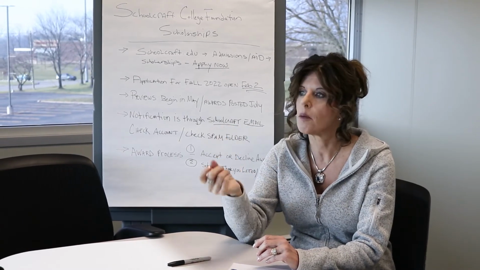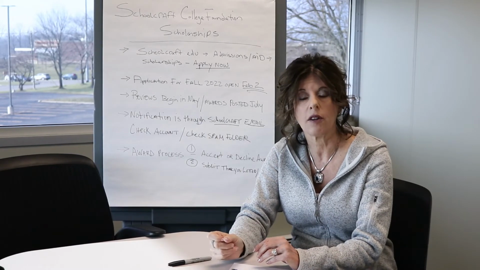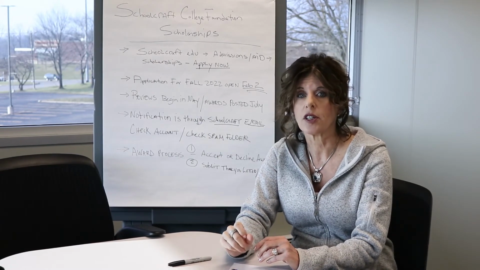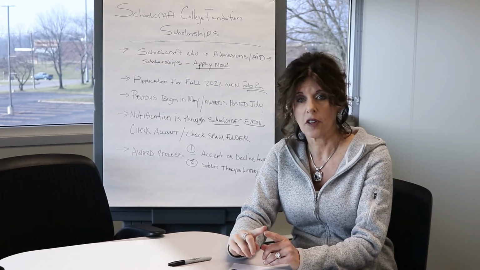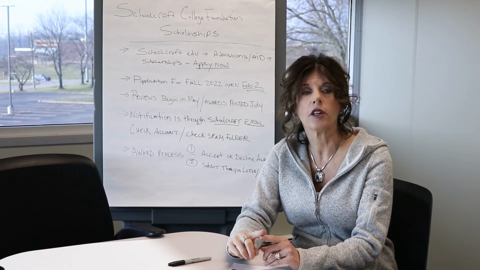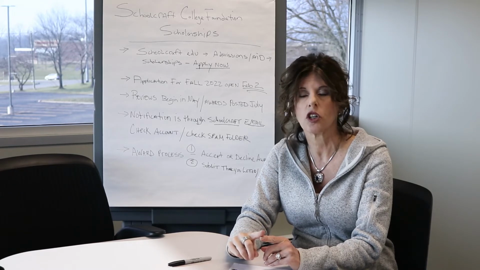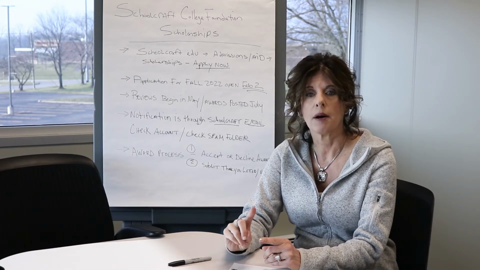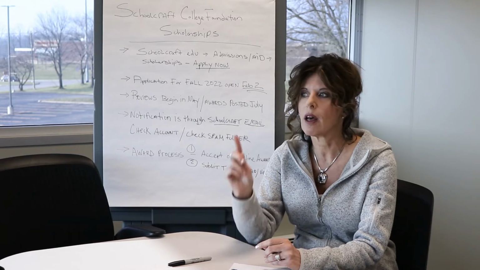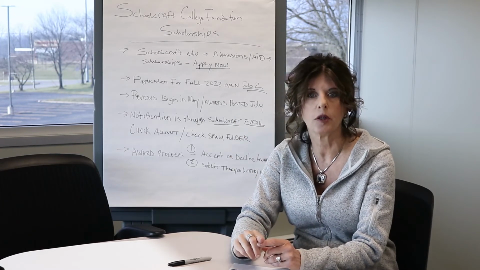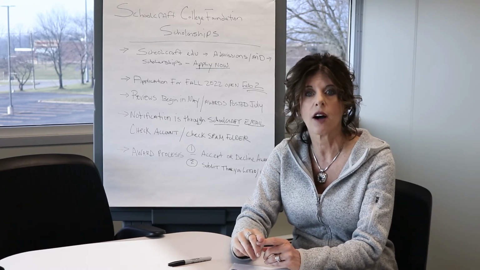That tells you the number of notifications that are waiting for you. Those notifications can be award notifications. They can also be notifications that you filled out the application, but additional paperwork is needed. So know that that red circle is a signal for you to go through and take a look at your account.